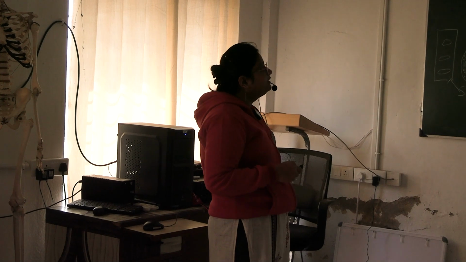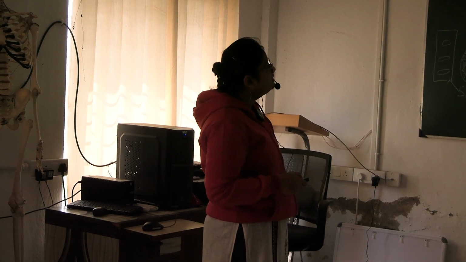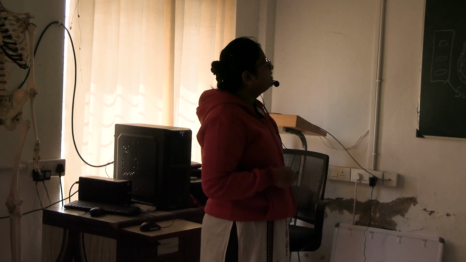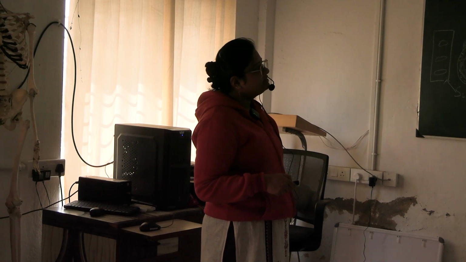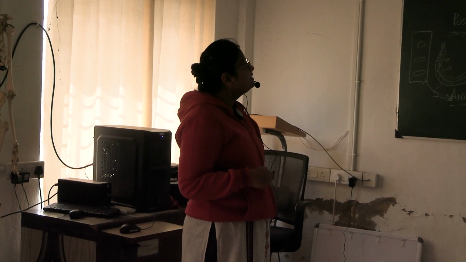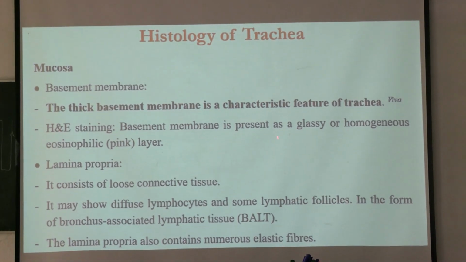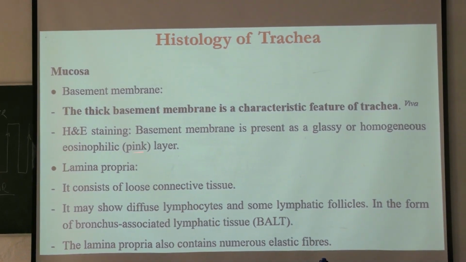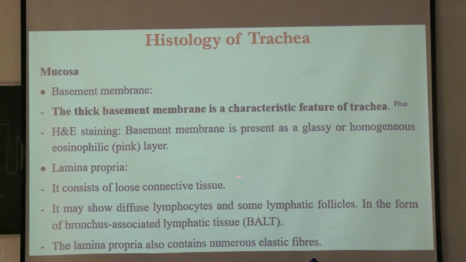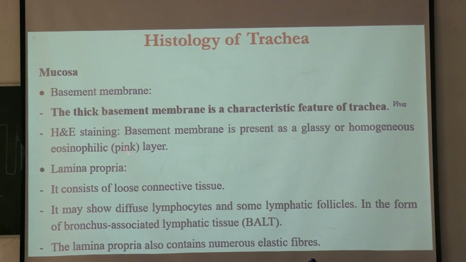Next, underneath this epithelium there will be basement membrane. The thick basement membrane is a characteristic feature of trachea. In hematoxylin eosin staining, the basement membrane is present as a glassy or homogeneous eosinophilic pink layer. Lamina propria consists of loose connective tissue.